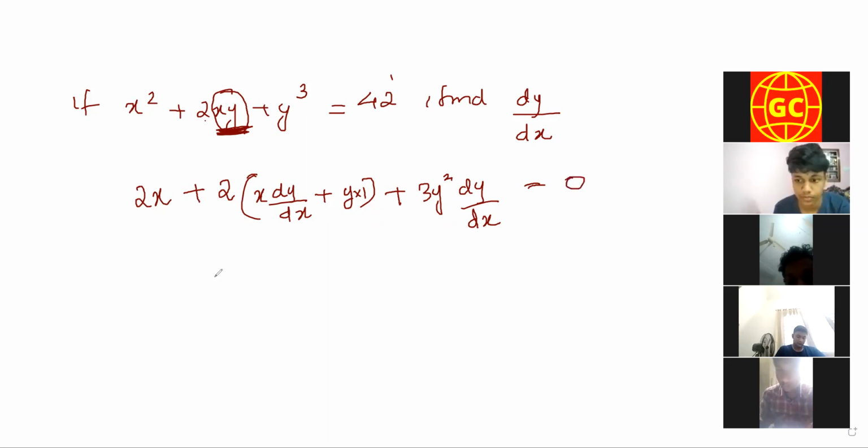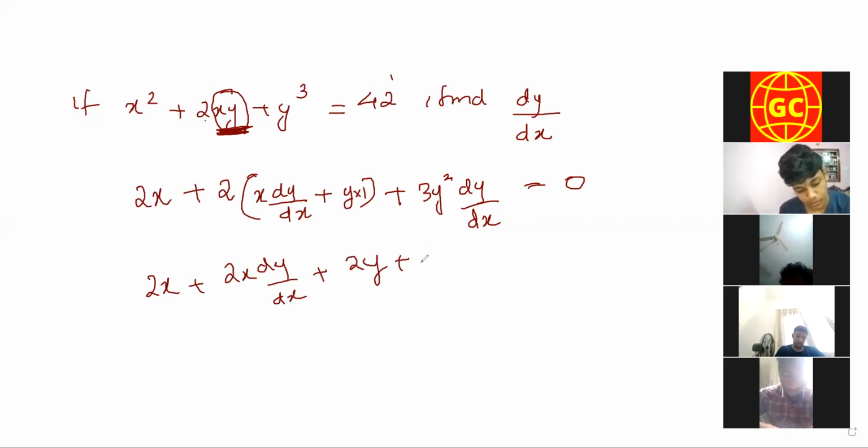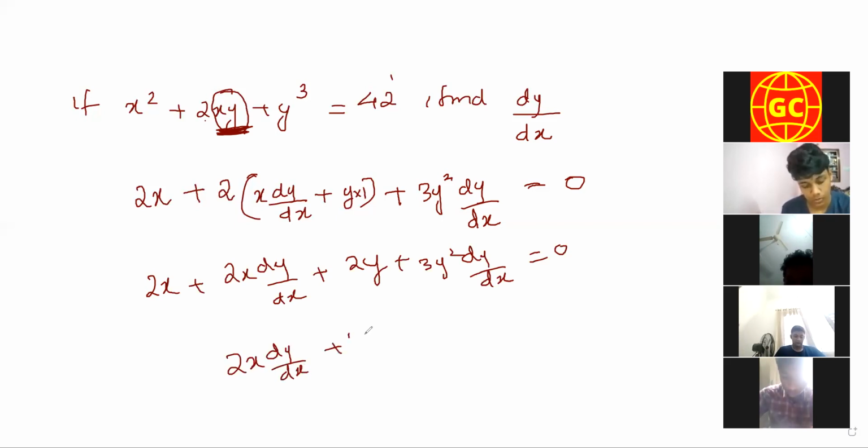Now simplify, keep dy by dx on one side and find dy by dx. So I am opening the bracket. I need to find dy by dx, isn't it? So I am keeping the terms having dy by dx on one side. Others I am bringing to the other side.